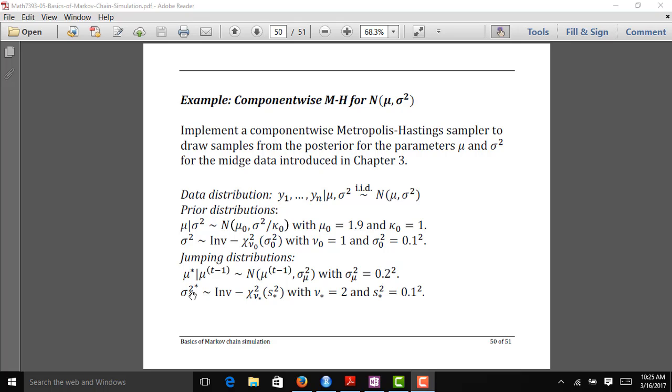And then the jump distribution for sigma squared is going to be inverse chi-squared with degrees of freedom nu star and scale s star, where nu star is equal to 2 and s star squared is equal to 0.1 squared. So we now have the data distribution, the prior distributions, and the jump distributions, and this is all the information that we need essentially to implement the algorithm, assuming that we have the data.